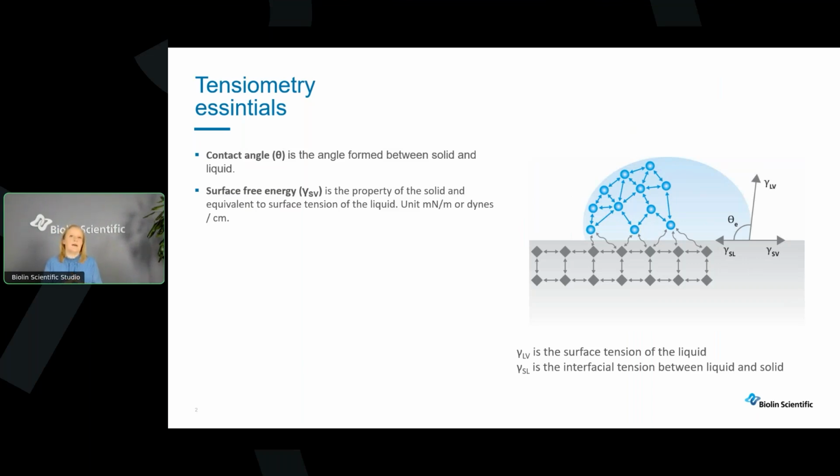The reason why, instead of just measuring the contact angle, we sometimes want to actually look at the surface-free energy of the solid, is that when we measure the contact angle, you always have to mention with which liquid you have done the measurement. So contact angle is not in that sense a property of a solid.